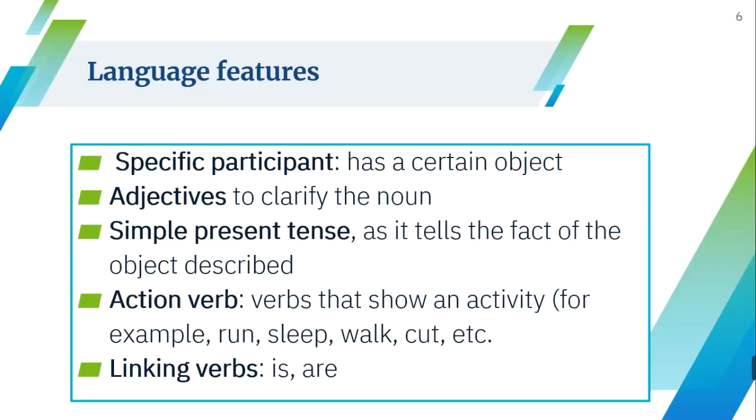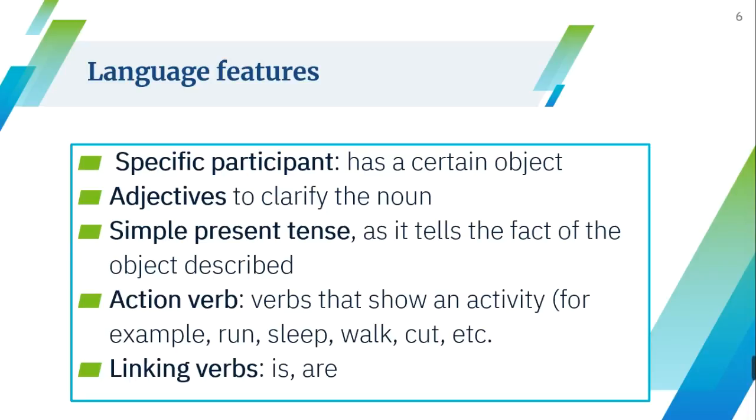And then action verbs are also used in this text type. What are action verbs? They are verbs that show an activity, for example, run, sleep, walk, come. It is the activity which involves physical movement.